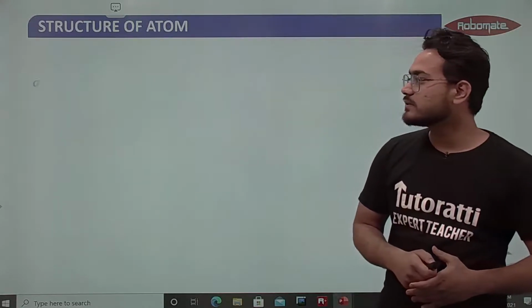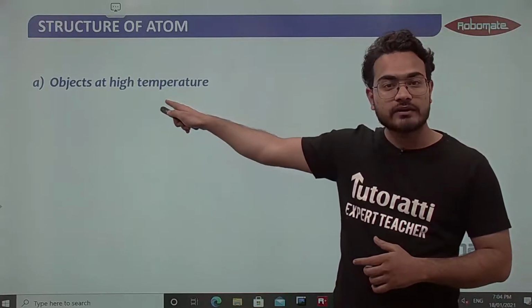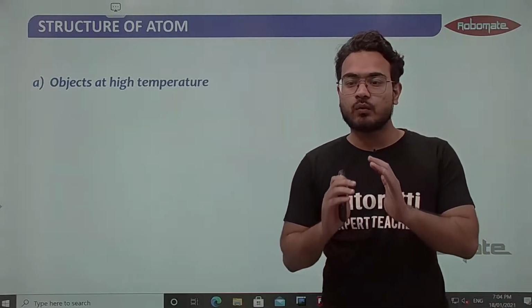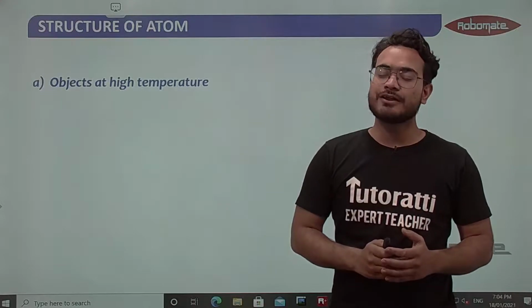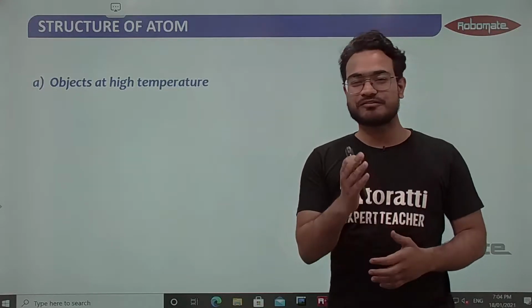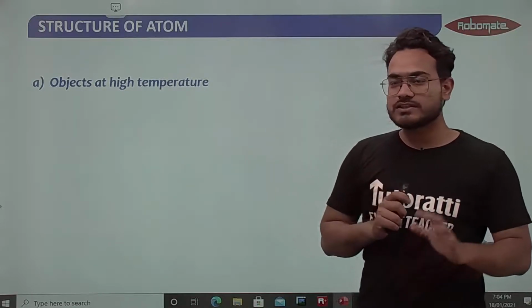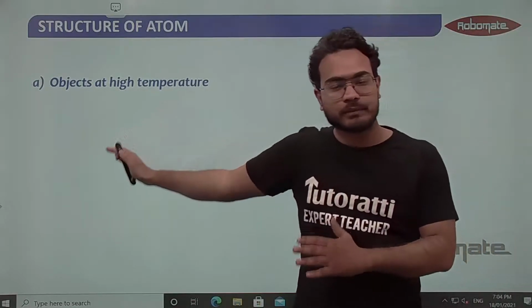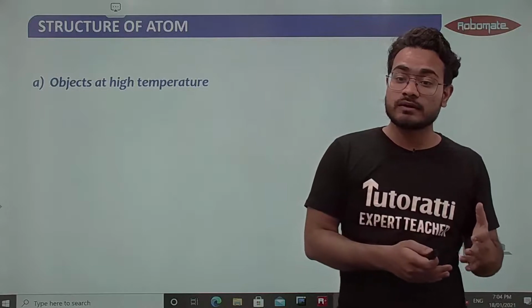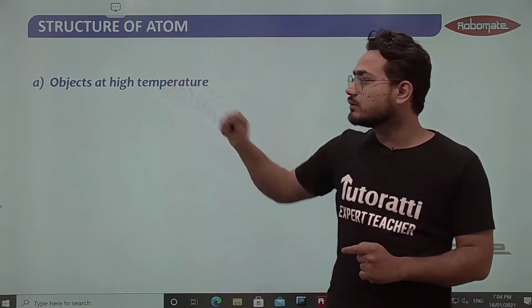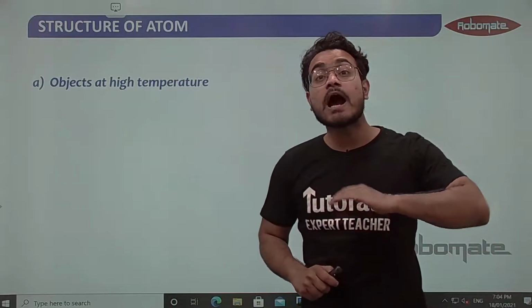The first one is an object at high temperature. The sun is at very, very high temperature. Hello Sarthak, I hope you are fine. Yes Pranit, it is the sun. For radiation, the important thing is the object should have very high temperature.